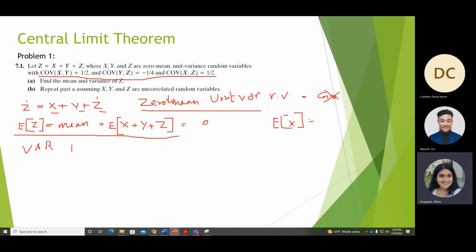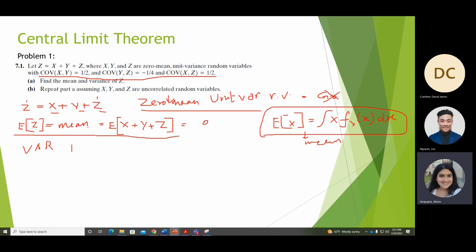This might be given at the back of your chapter, like the integral of x f(x) dx. Don't get scared. It's just a mean. So don't worry about it.